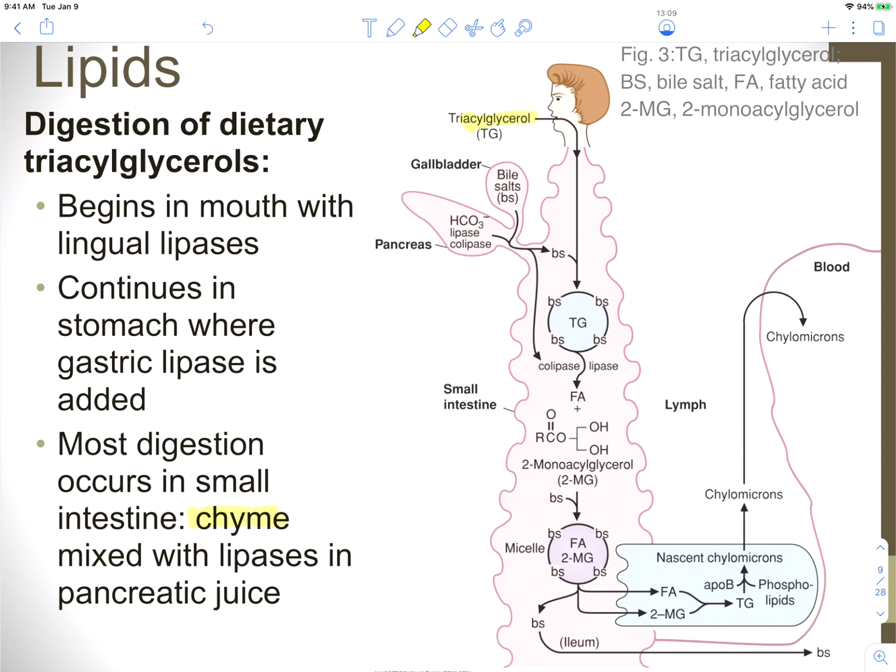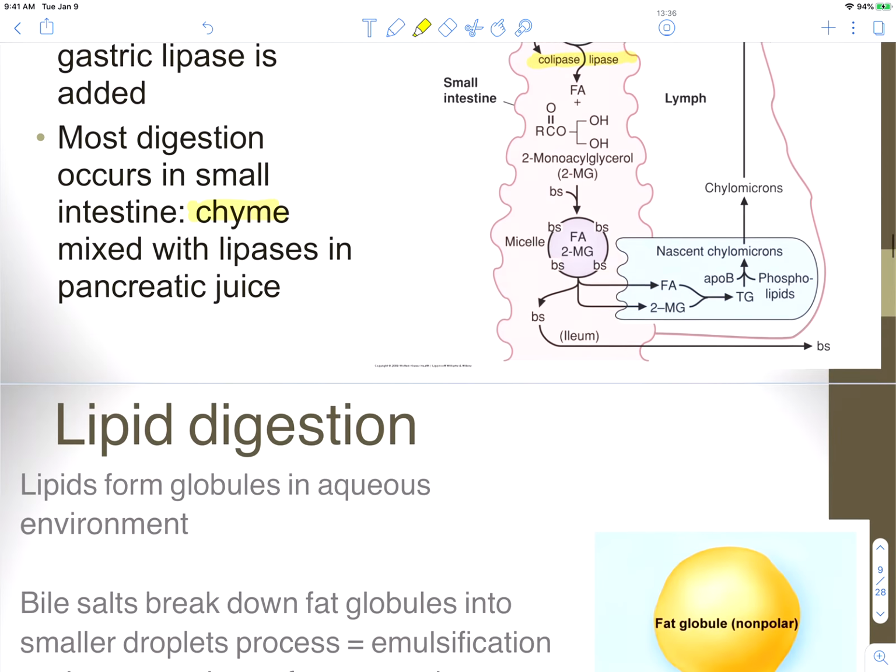It's going to be mixing with your lipases and your pancreatic enzymes and juices, and it creates that chyme. And so you have a collection of fats that form these particles, which will become micelles. Now, important for your small intestine are the release from the pancreas of lipase and colipase, and we'll talk about those.